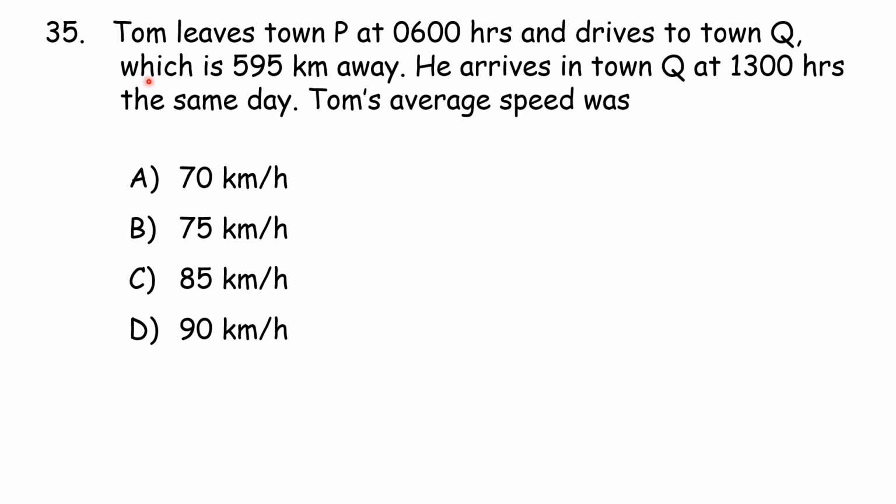Question 35. Tom leaves town P at 600 hours, so that is 6 a.m., and drives to town Q, which is 595 km away. He arrives in town Q at 1300 hours the same day. Tom's average speed was, so 6 a.m. to 1 p.m. That is 7 hours. So we got the time.